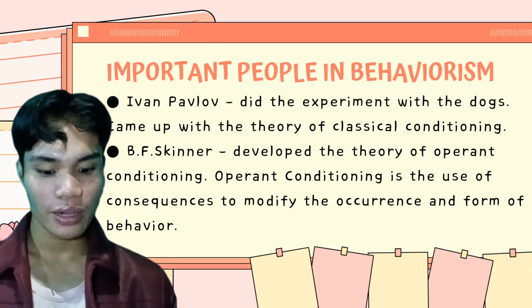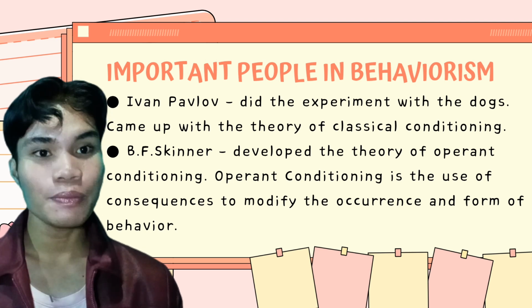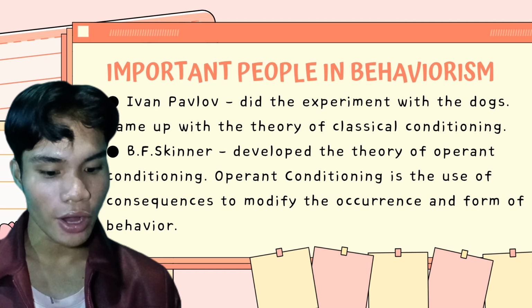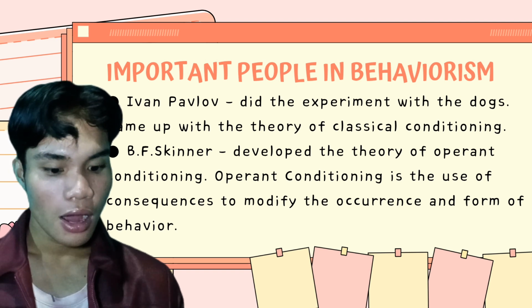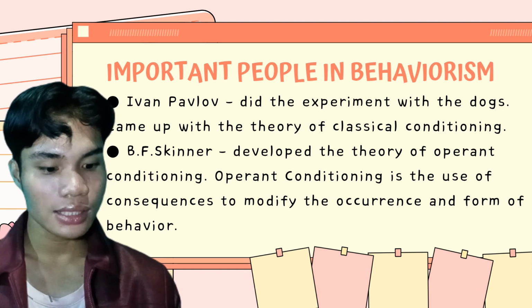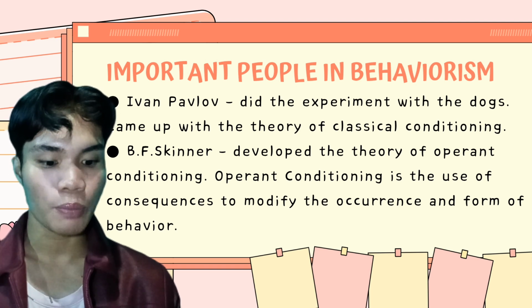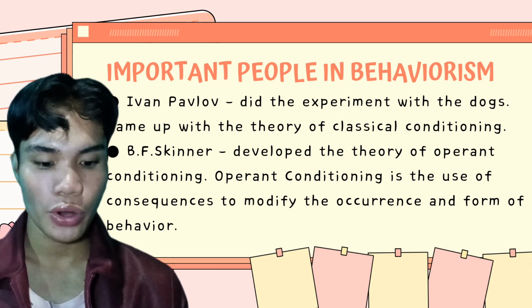So next in line we have B.F. Skinner. B.F. Skinner developed the theory of operant conditioning. Operant conditioning is the use of consequences to modify the occurrence and form of behavior.